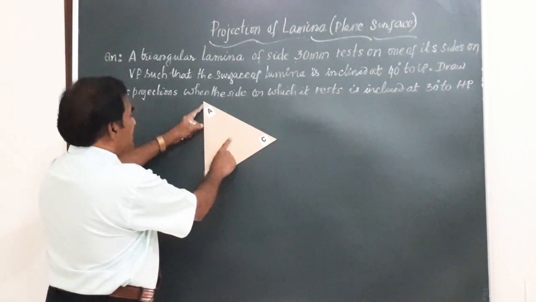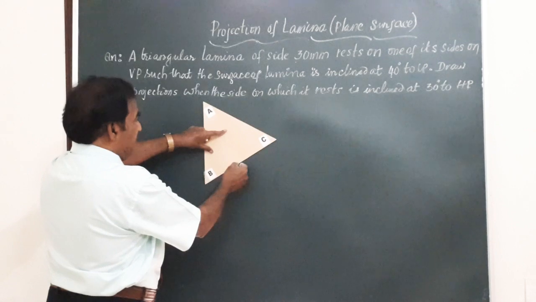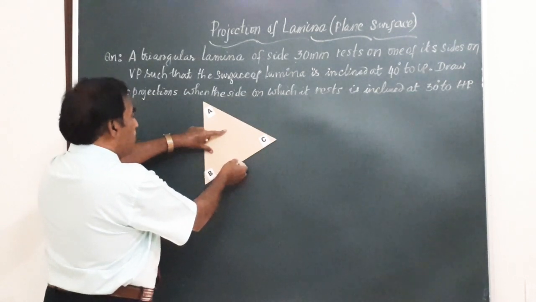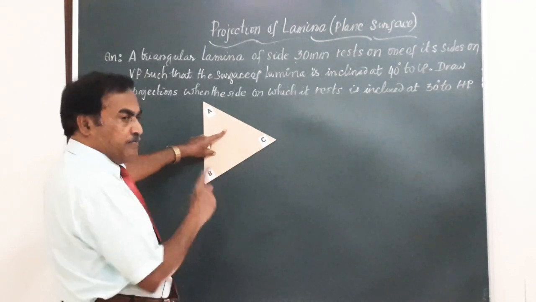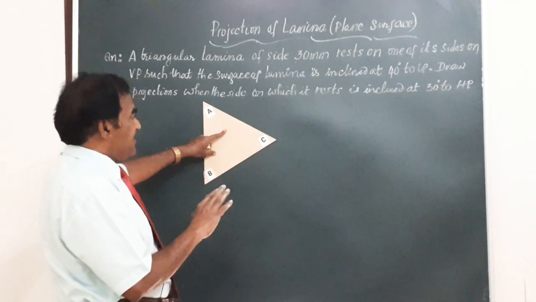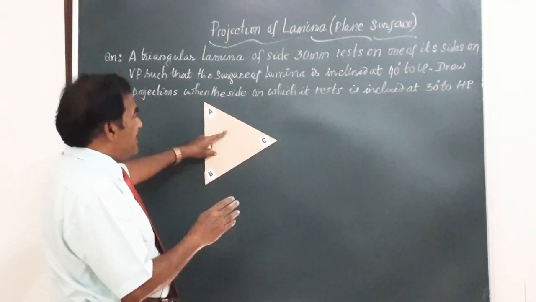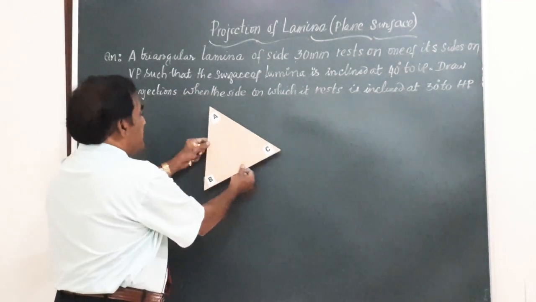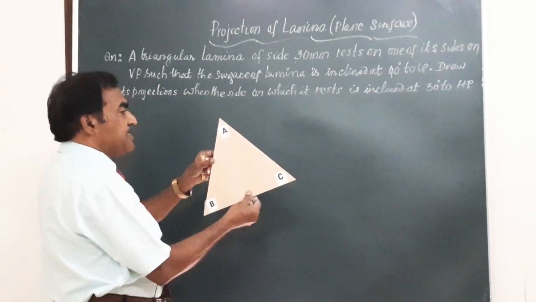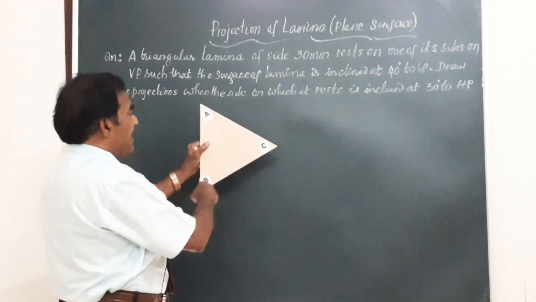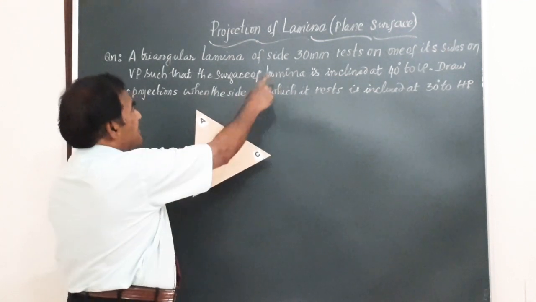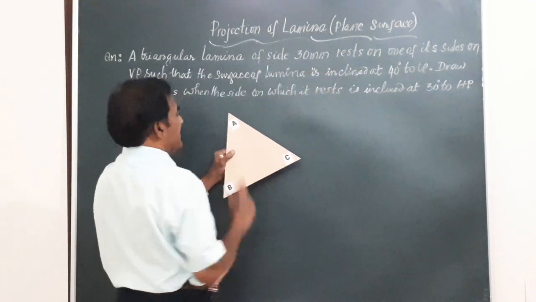So, obviously this is perpendicular to the XY line. So, what is it that you are going to see? Whenever any lamina is placed on VP on its surface or it is placed parallel to VP at any convenient distance from there, the front view is going to be an equilateral triangle ABC measuring 30 mm each side.